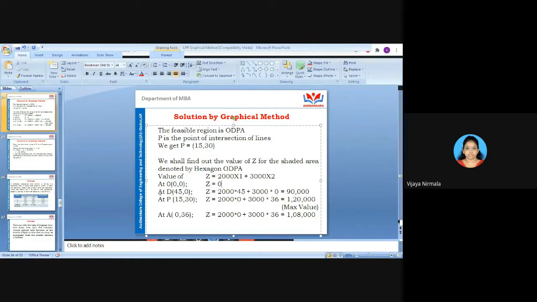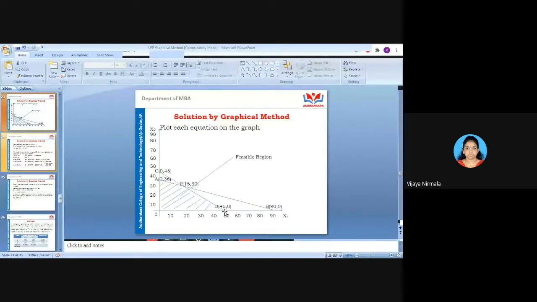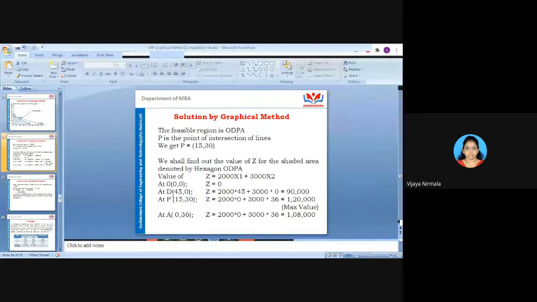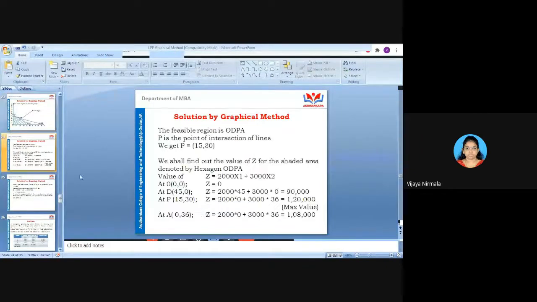Next, at D. What is the value of D? It is (45, 0). And what is the value of P? It is (15, 30).